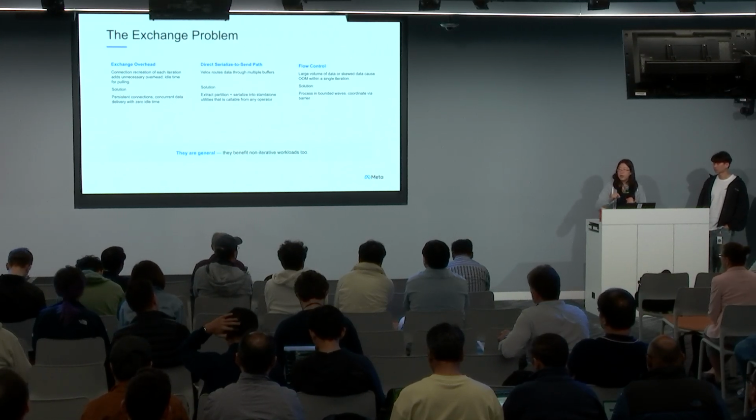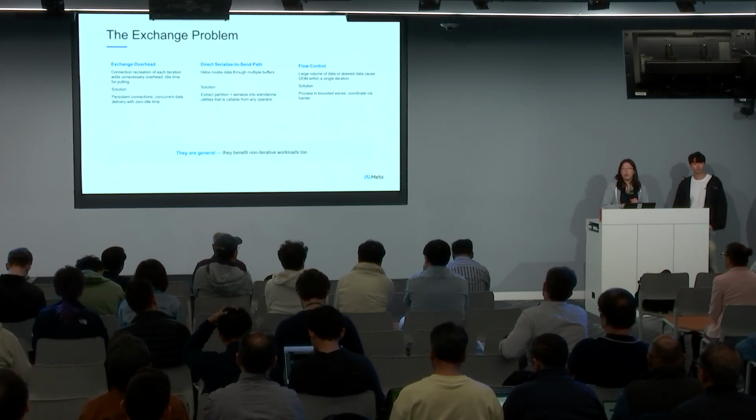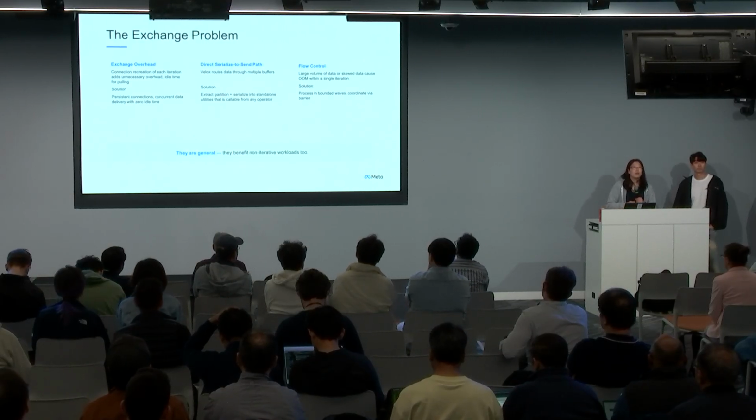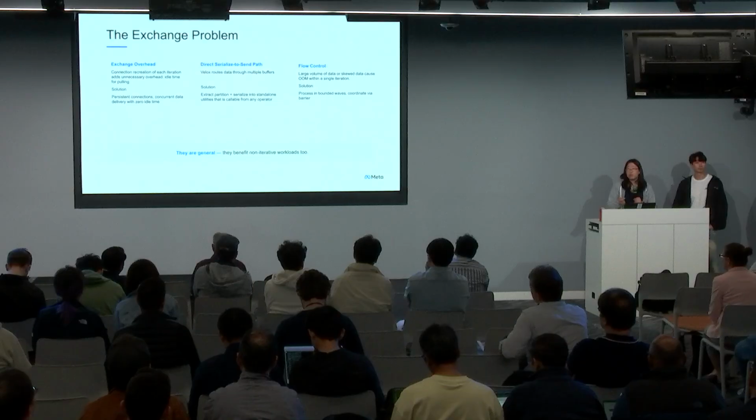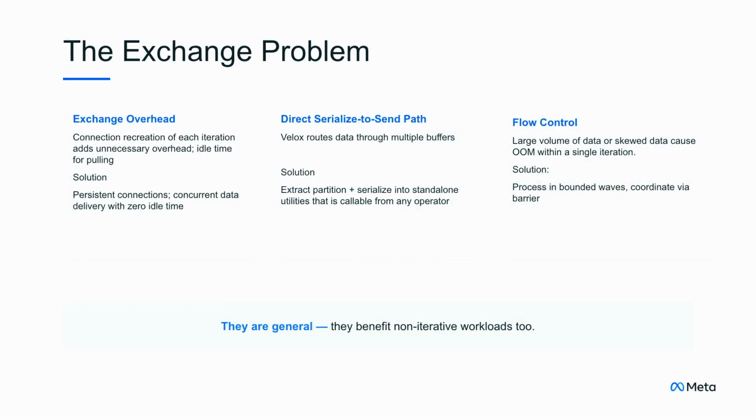The challenge is how we can integrate them cleanly into the Velox architecture without breaking the existing one-pass use case. Note that these improvements are not specific to graph clustering or vector search workloads. Any query that pushes a large volume of data across workers can benefit from those solutions. And the iteration here is just to make the problem impossible to ignore.